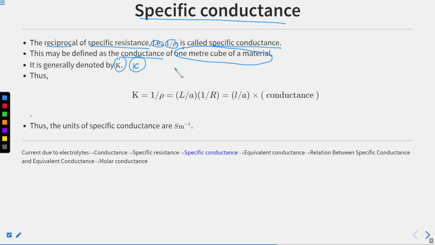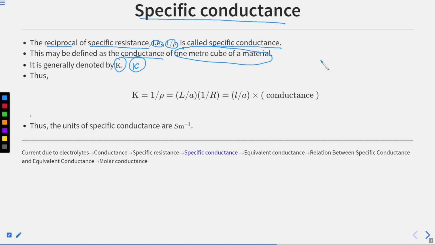Remember the symbols again: conductance is G. Then we have seen our specific resistance, which is also termed as resistivity. This is one more term you should remember. So specific resistance is also termed as resistivity. Similarly, the specific conductance is also termed as conductivity.